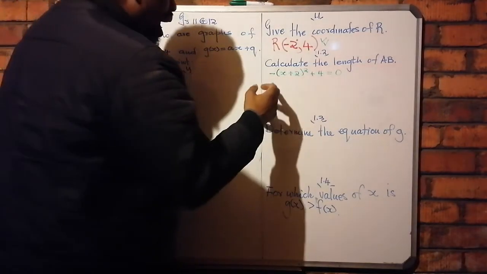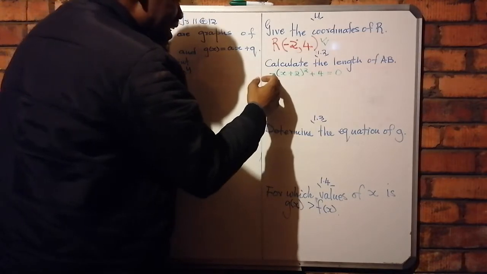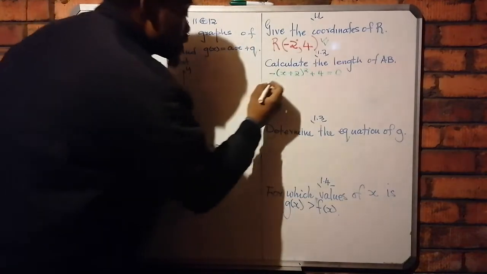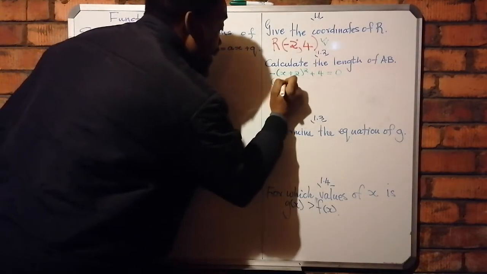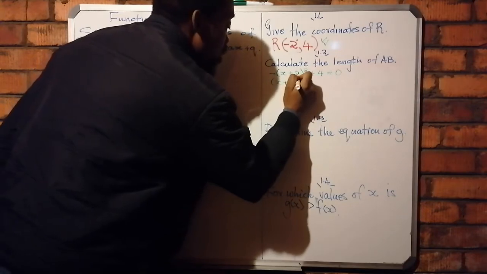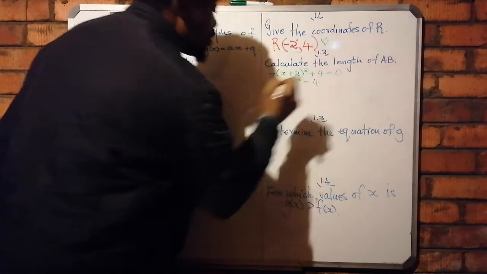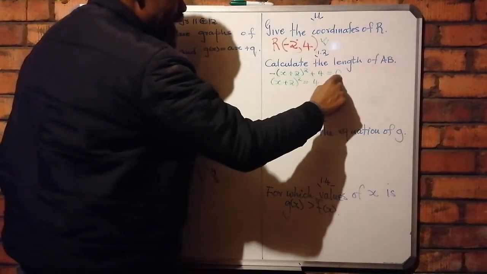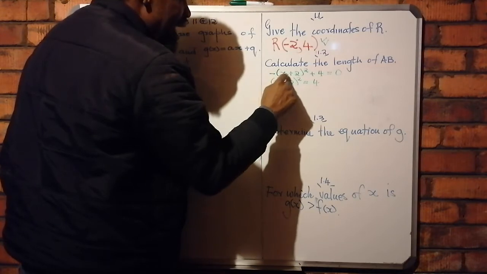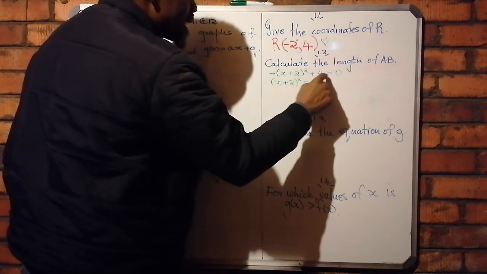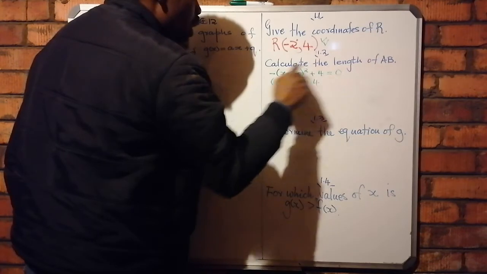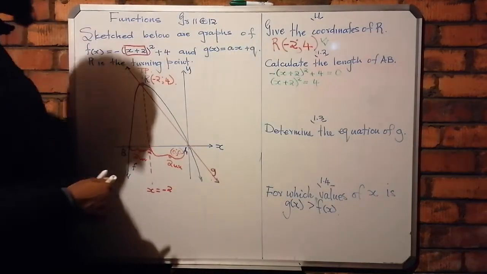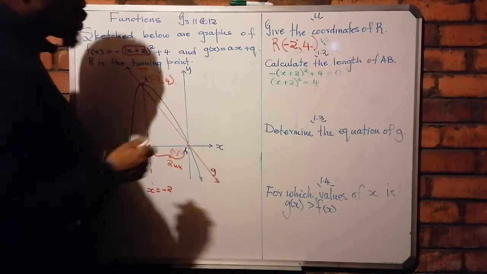Now, I'm just going to take this to that side and it becomes positive. It would be (x plus 2) all squared, which is equals to 4. Or it is still fine. Even if you take 4 into that side, it would be minus (x plus 2) all squared, which is equals to minus 4. You divide both sides by -1. You get that.